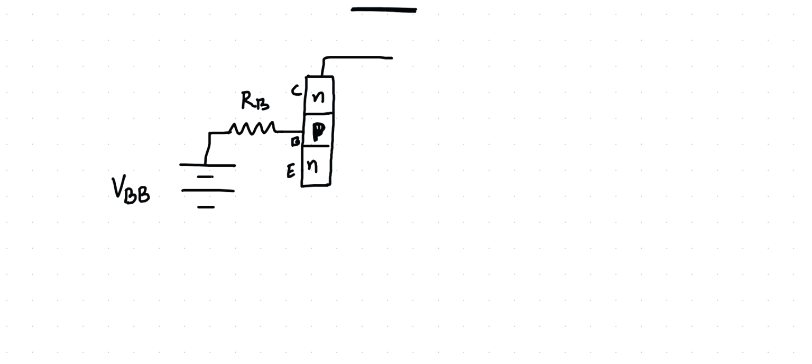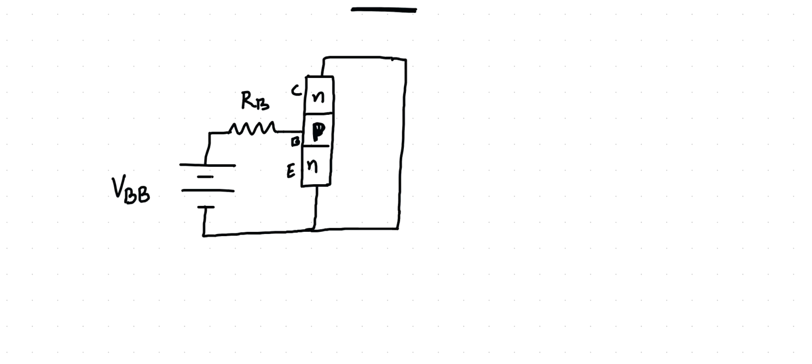Now here we will keep the emitter common. You can check, one is the base emitter connection, and the collector is also connected to the emitter in this case. In the previous case we saw that the base was common. Now here we kept the emitter as common.